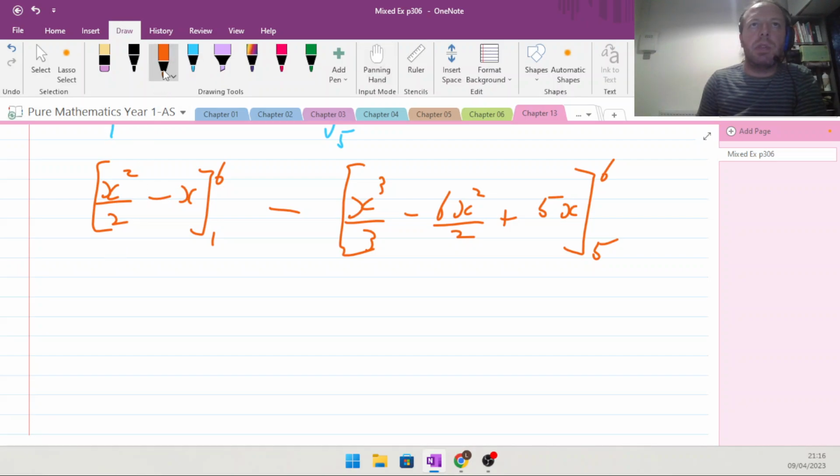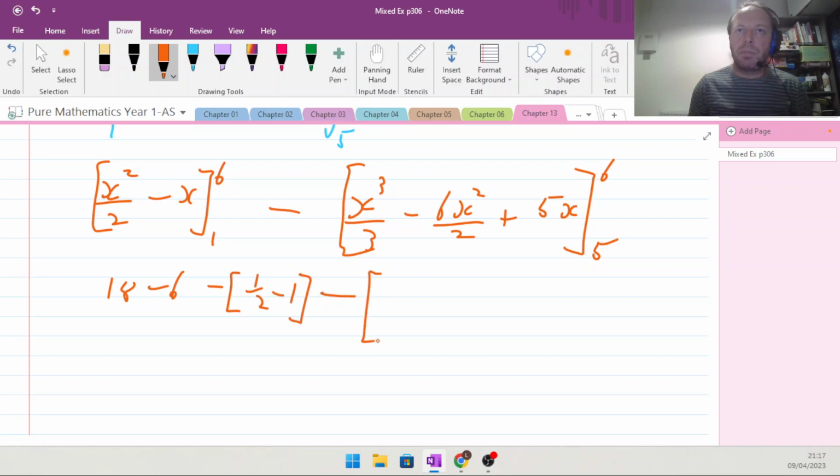What do we have there? 36 divided by 2. Make sure you don't make a mistake on this bit, you're better than that. 18 minus 6 minus 1 squared a half minus 1.